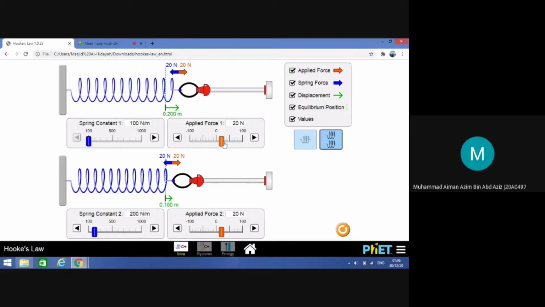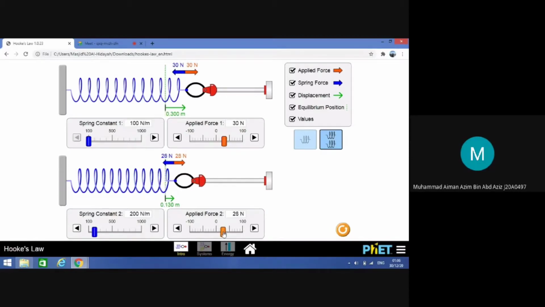Next, we put 30 Newton force on both springs. The 100 Newton per meter spring constant will get 0.300 meter displacement, and the 200 Newton per meter will get 0.150 meter displacement.